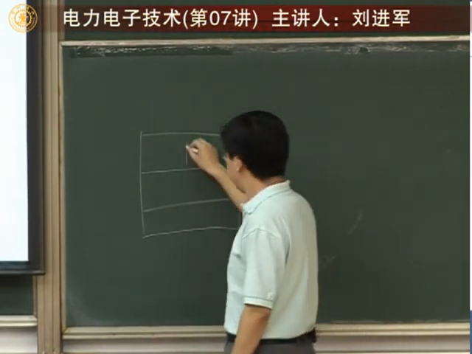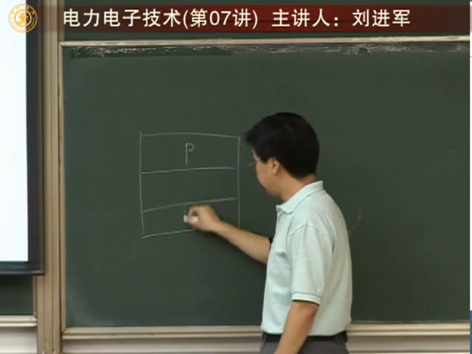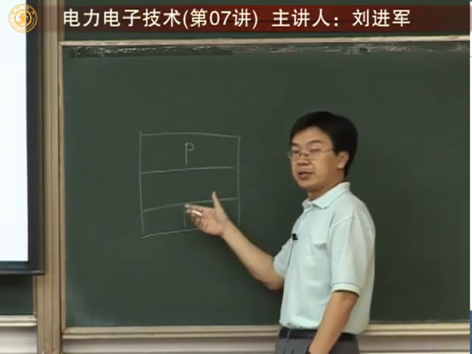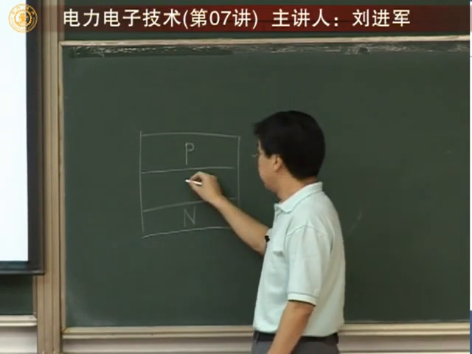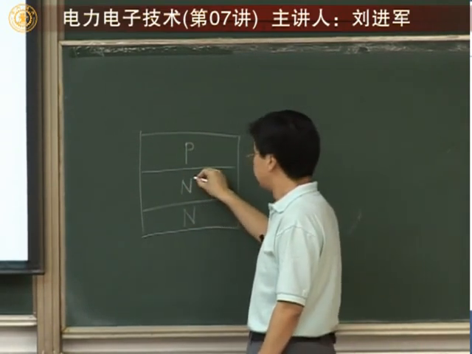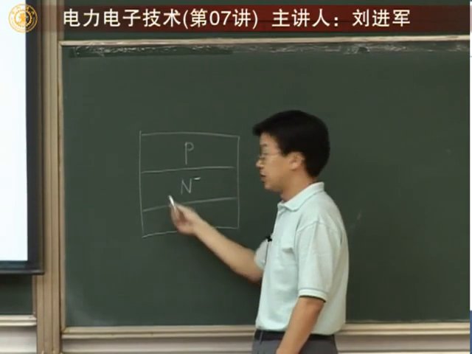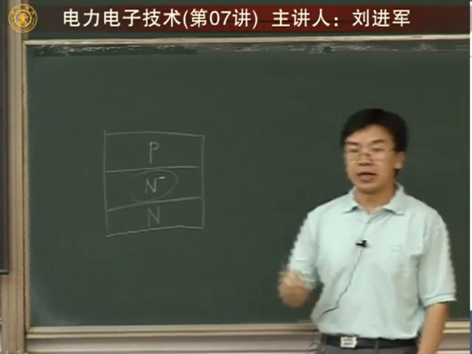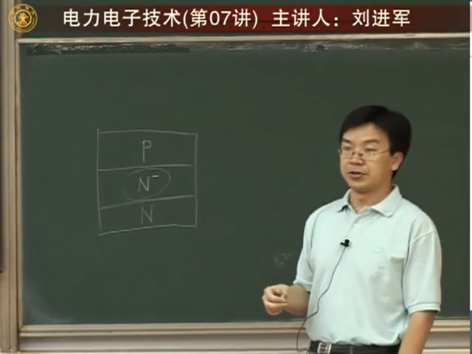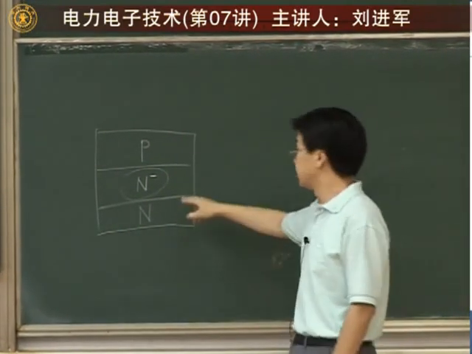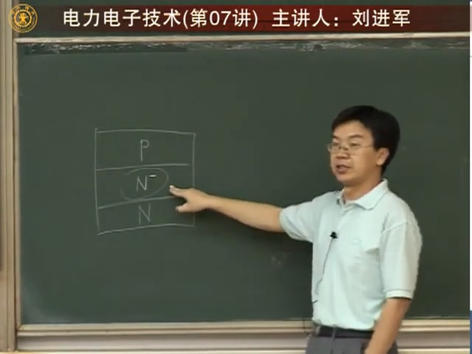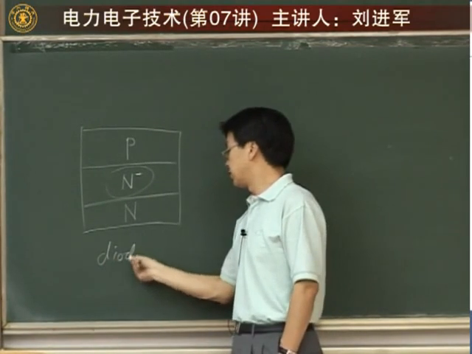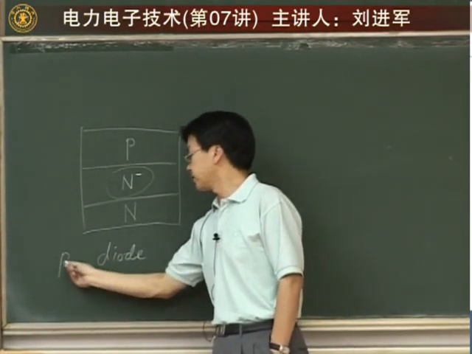You have a P layer, you have an N layer, that's the original p-n junction. But for the power diode, you have an N minus layer, right? This N minus layer is used to handle high voltage. N minus is similar to intrinsic. That's the structure of the power diode.